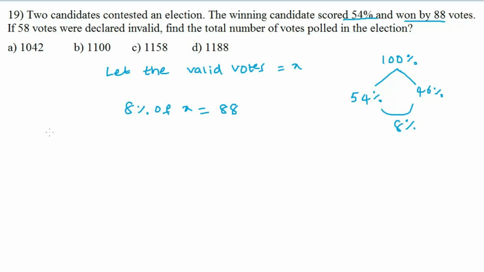He won by 88 votes. 8 by 100 into X equal to 88. 8 one time, 8 eleven times. X equal to 1100. The valid votes equal to 1100.